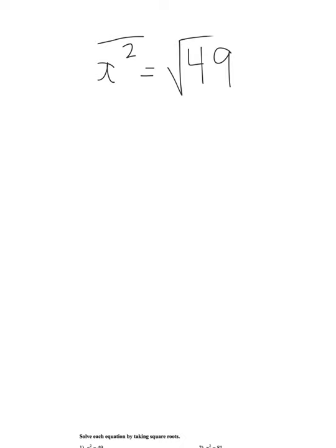If there is no number outside of the radical, that number is an invisible 2. So we'll put that in red. What happens is that the square root will cancel out with the square and we'll be left with just a, and then we'd say, what is the square root of 49? It's plus and minus 7. Remember, we can write that in set notation as 7 comma negative 7.